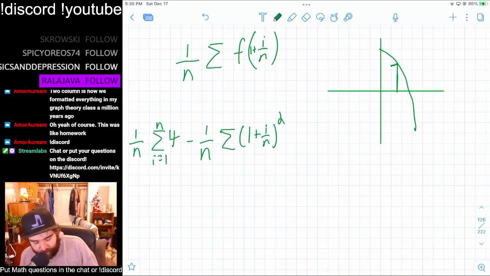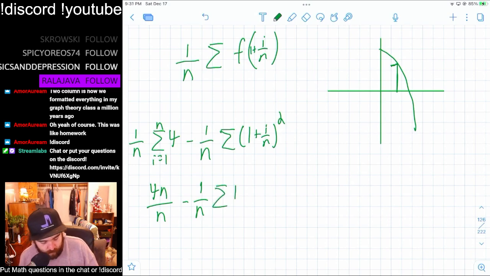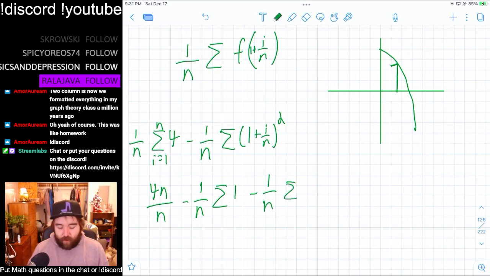So what is this going to be? We can start simplifying. So this first one is still 4n over n. But then this is where it's going to go all haywire. So this is 1 over n, the sigma of 1. And again, minus 1 over n, the sigma of 2i over n. So I can factor out the 2 over n.